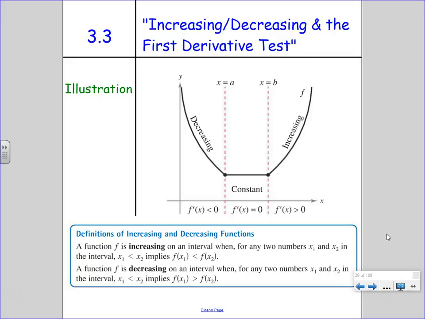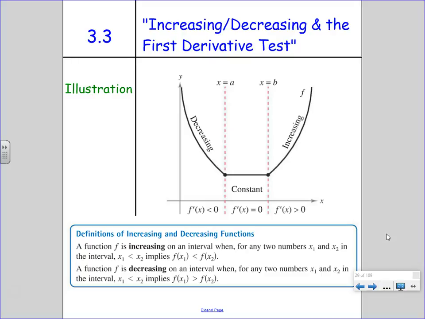Similarly, with x2 being the one further to the right, if the earlier y value is higher than the later y value, for any two numbers in that interval, then the function must be decreasing.